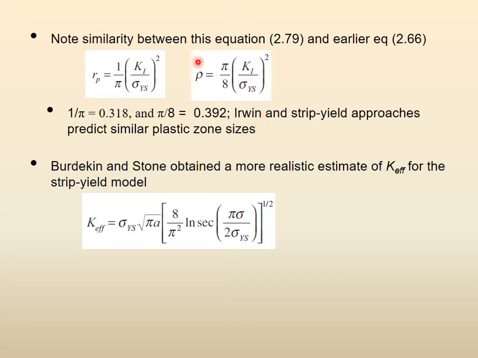If we apply all of that, then K effective can be directly obtained: sigma ys root pi a, and this whole thing, 8 upon pi squared ln secant (pi sigma by 2 sigma ys), whole under root. Secant is also there, it is not an issue, this you can directly do. So if we want K effective based on the strip yield model, we can use this equation directly.